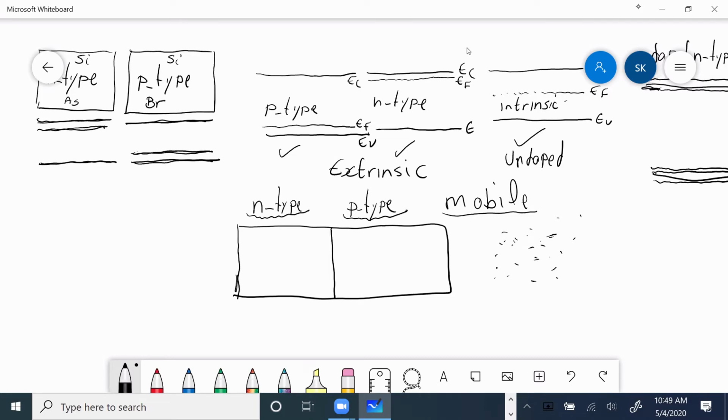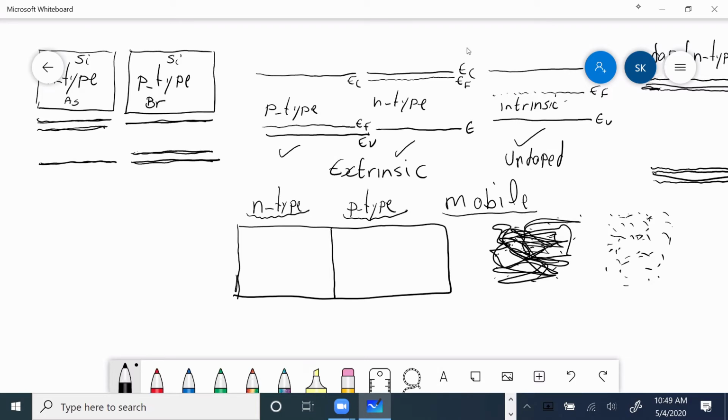I'm now drawing what's inside an N-type material. These are all electrons that can travel everywhere within the material. The exact thing happens inside the P-type material. They're all holes everywhere, however many we have created.